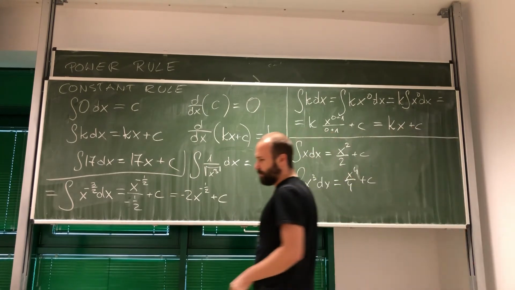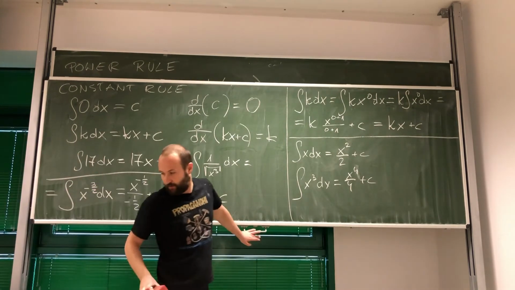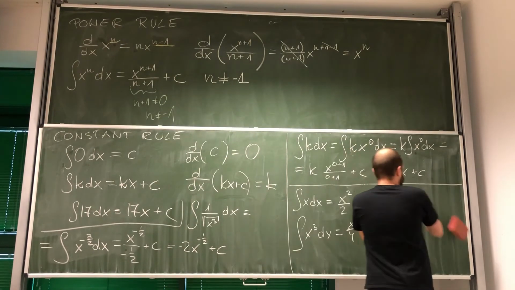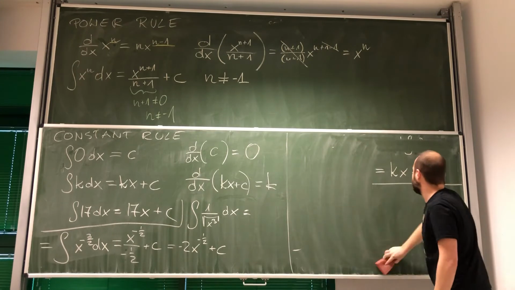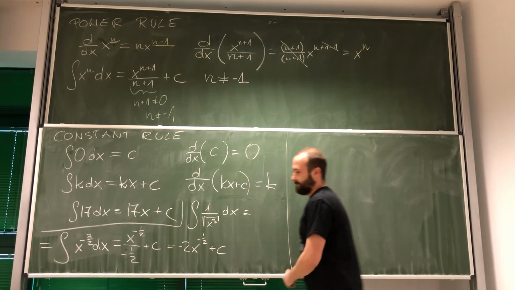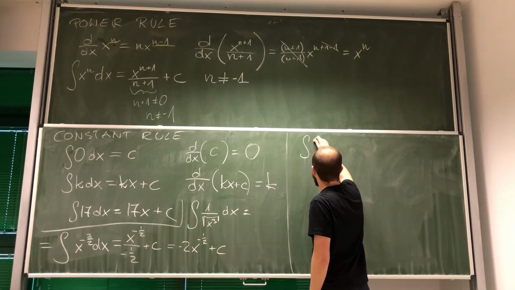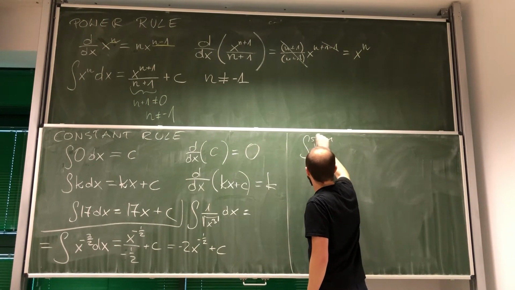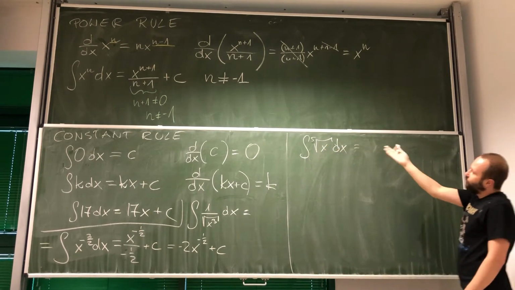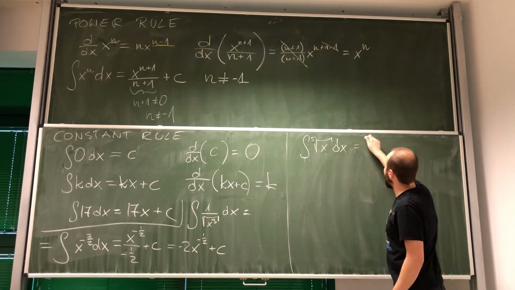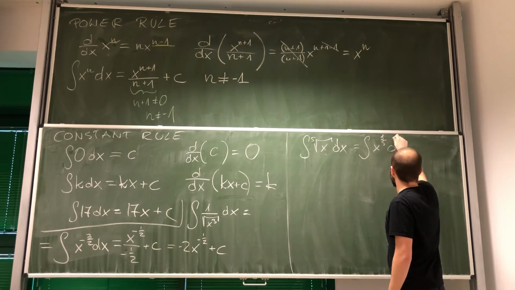Okay, let's try a couple more. I hope you're already getting a hang of it. So, what if we now have, for example, the 5th root of x dx? Okay, again, we need to change this into the power expression. So we got x to the power 1 over 5 dx.